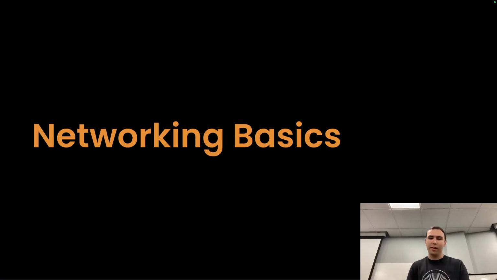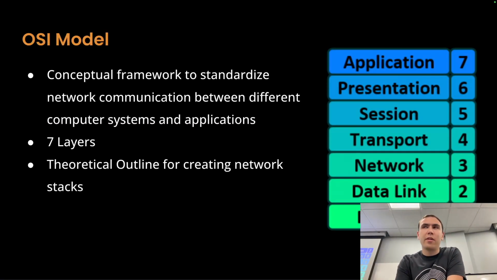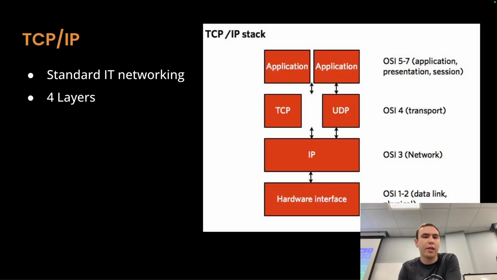Before we get into actual OT networking protocols, there are some quick things we've got to cover in case you forgot or haven't gone over them in class. Networking basics: the OSI model is not really that important. All you really need to know is it has 7 layers, so if we mention it randomly, you're not totally lost. It's more of a theoretical outline versus TCP/IP, which is an actual implementation used everywhere. The TCP/IP stack, standard IT, has 4 layers.